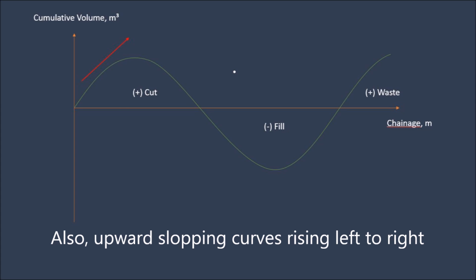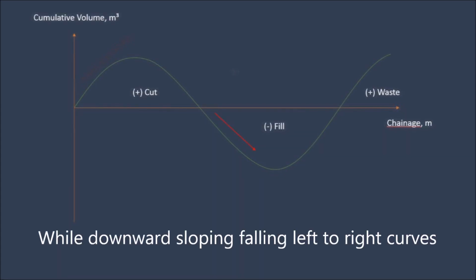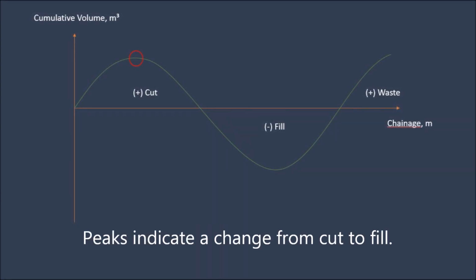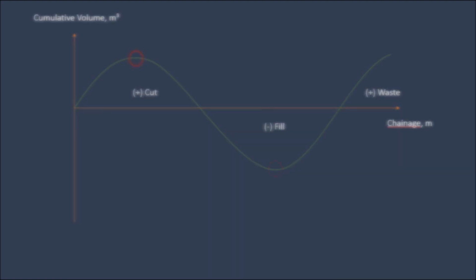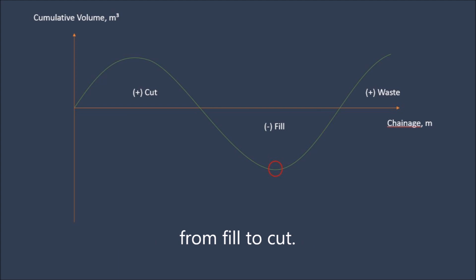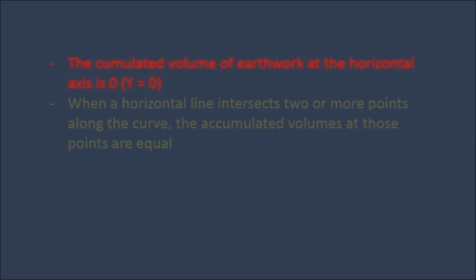Also, upward sloping curves, rising left to right, indicate a cut, while downward sloping curves, falling left to right, occur in a fill section. Peaks indicate a change from cut to fill, while valleys occur when the earthwork changes from fill to cut. The accumulated volume of earthwork at the horizontal axis is 0.